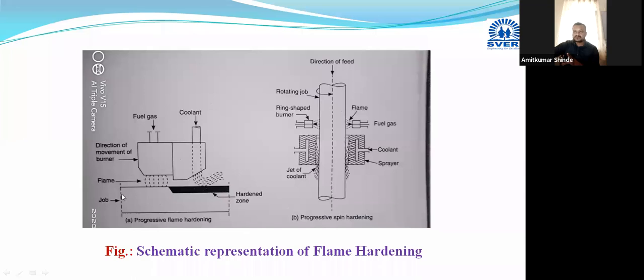So in progressive flame hardening, the job is fixed, and the flame and coolant are moved progressively over the workpiece to get the surface hardened layer.